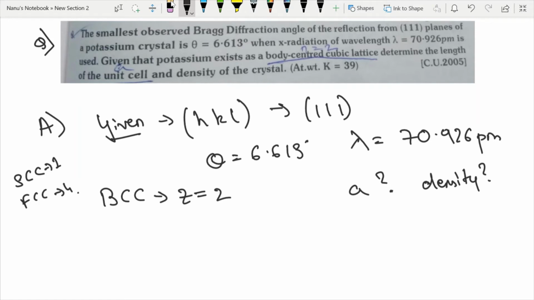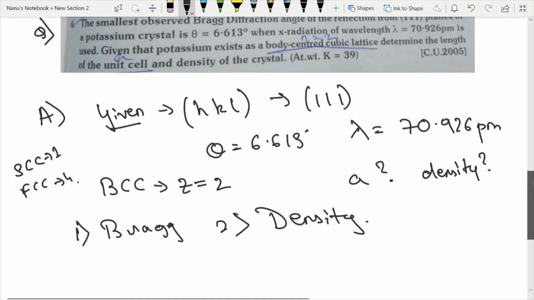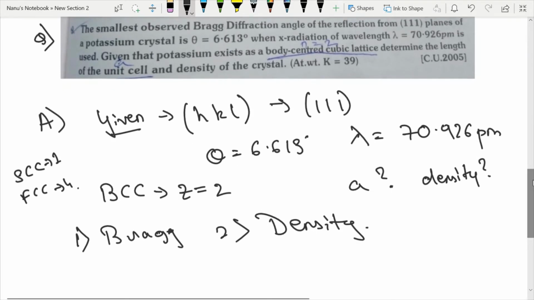Remember in the previous video we discussed 2 main equations. One was Bragg and one was your density formula. This is a problem where they're combining both of them. That's why I have very selected picks. Understand what is going on in the problem and solve different types of problems rather than doing too many problems.